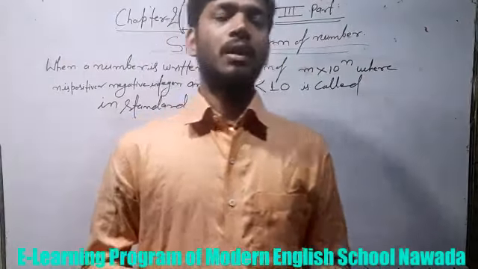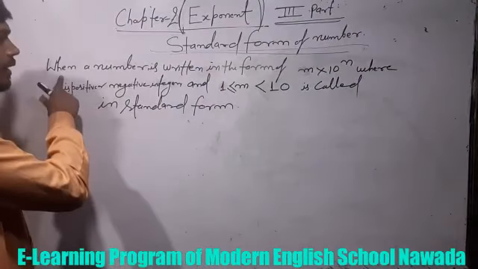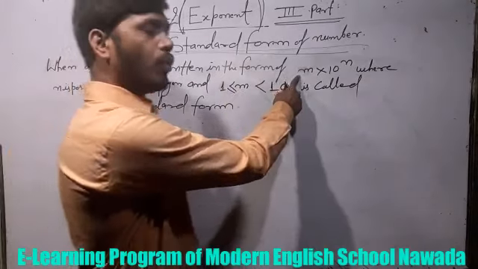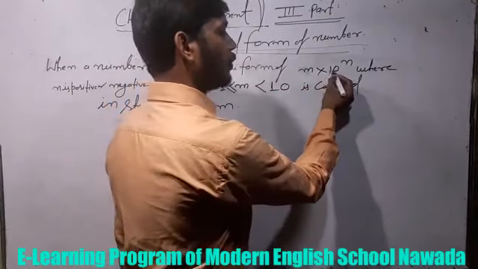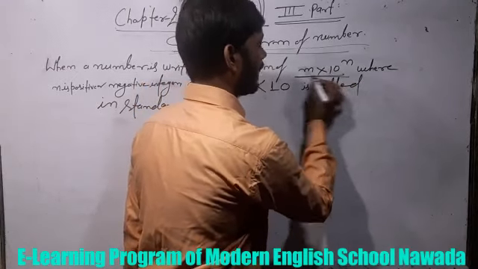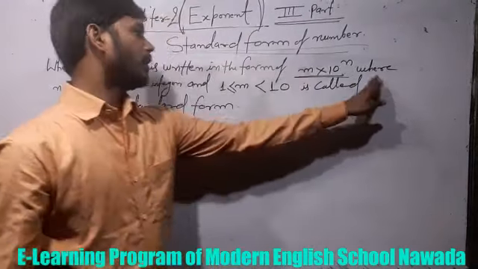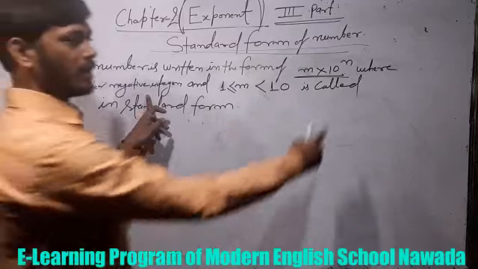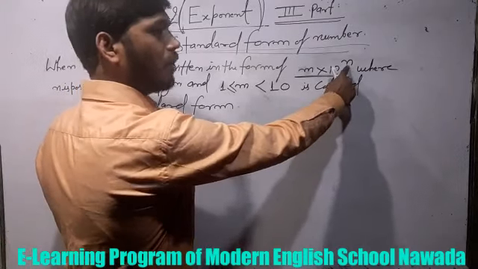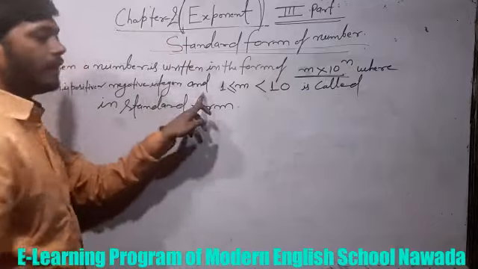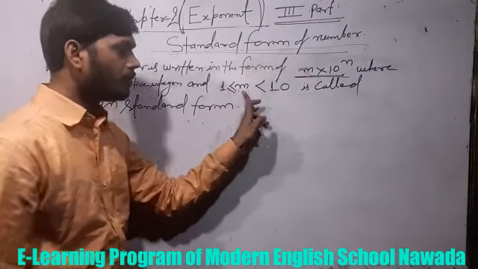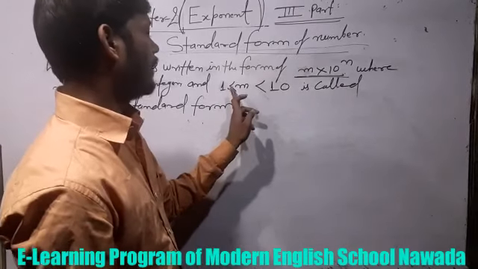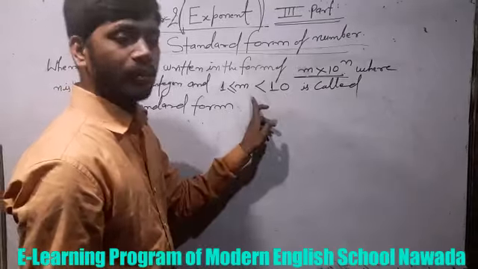A number is in standard form when it is written in the form m into 10 to the power n, where n is a positive or negative integer, and m is greater than or equal to 1 and less than 10.